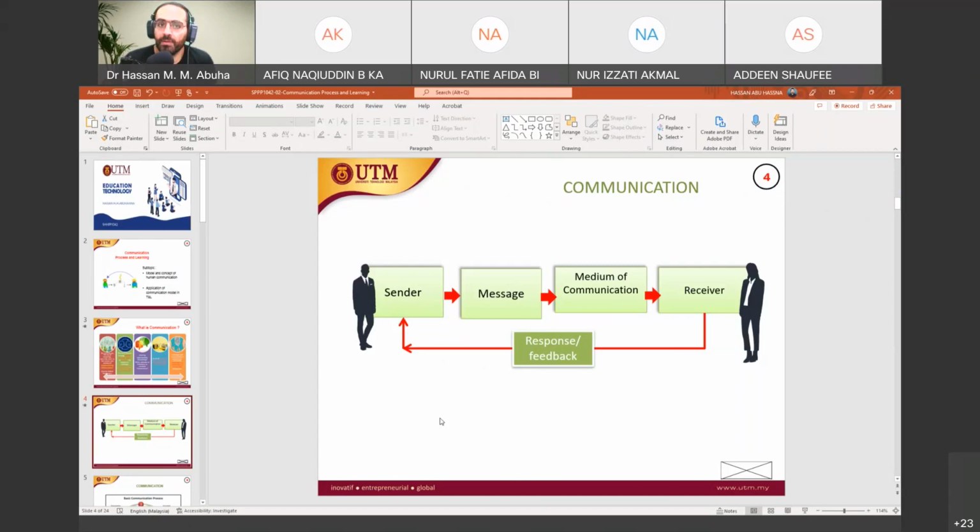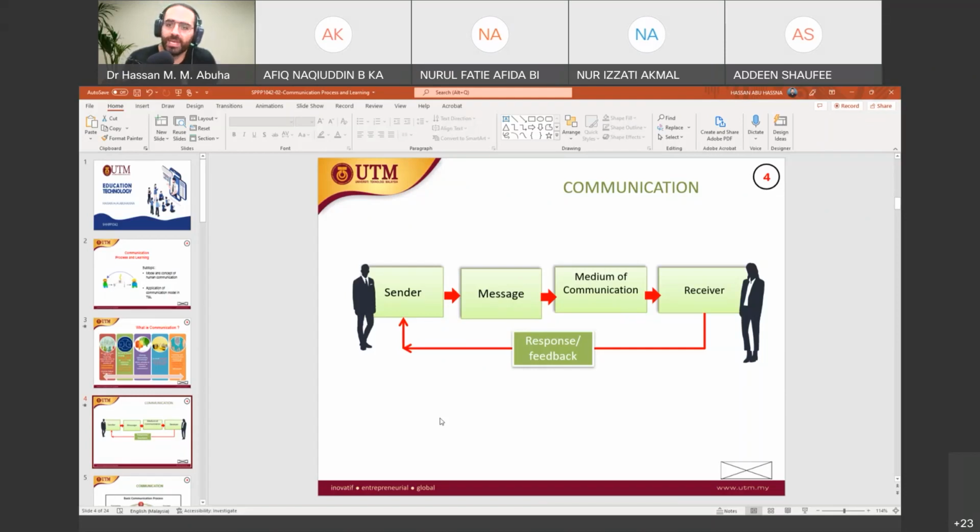Now, when we talk about communication, we need to understand that there are some variables that communication consists of, okay, which are mostly the sender, receiver, and the content. These three are the very important variables in any communication process.